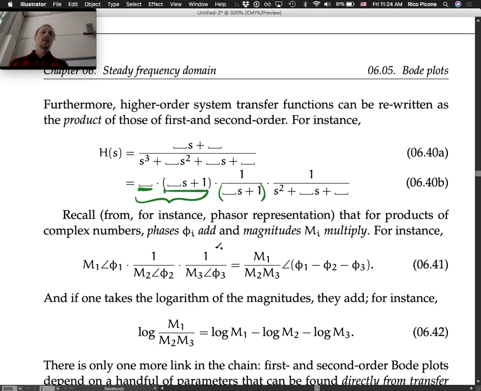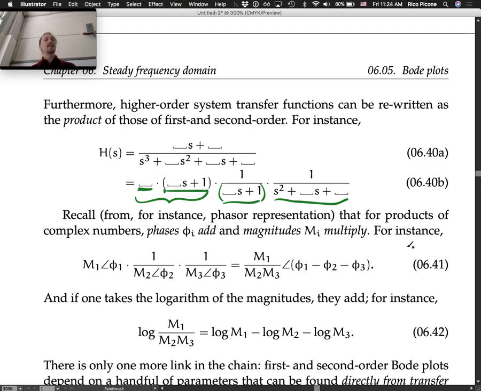And then 1 over m2, phi 2, so then this would be representing this guy. And then 1 over m3, phi 3, so this would be representing this guy. If I had those, the magnitudes would multiply or divide, right? And the phases would add or subtract. If it's in the numerator, it multiplies or adds. If it's in the denominator, it divides or subtracts. So we're familiar with that way of combining things.